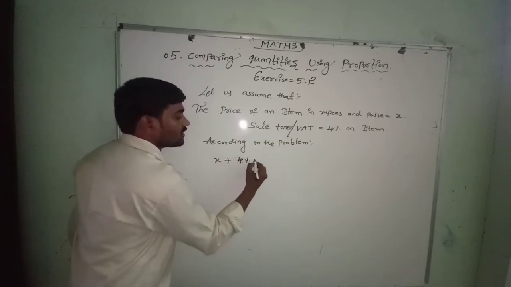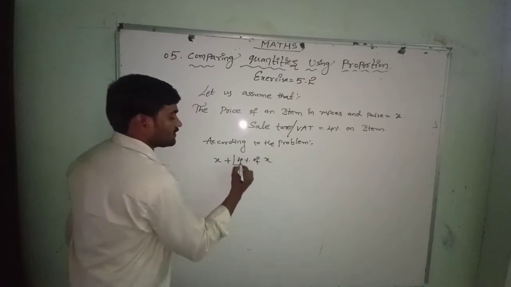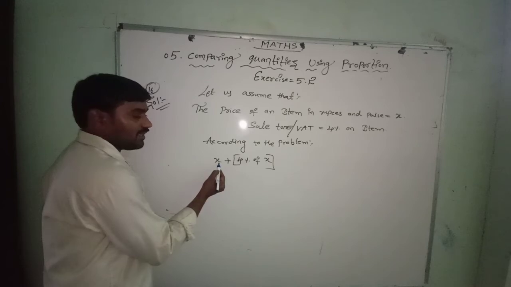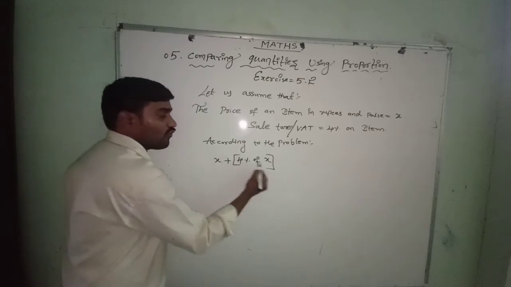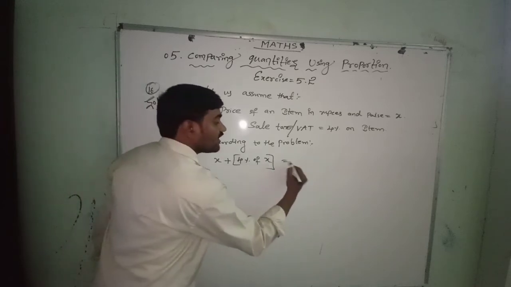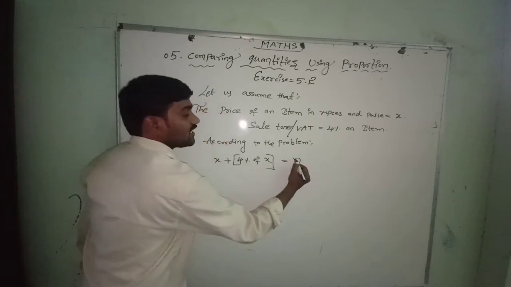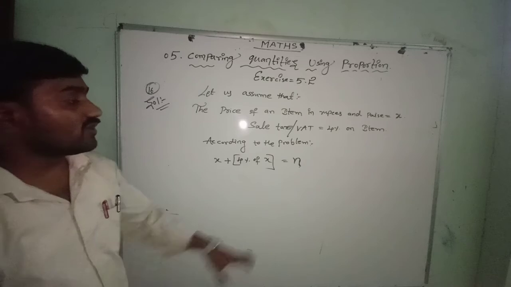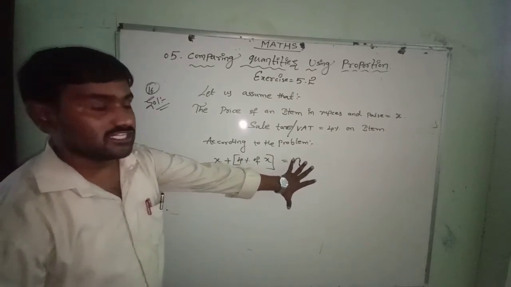So 4% of this x rupees and paisa, plus on this item he added 4% of sale tax. So it will be n number of rupees, that is n is a rounding number. As you said, n is a rounding number and a positive integer.